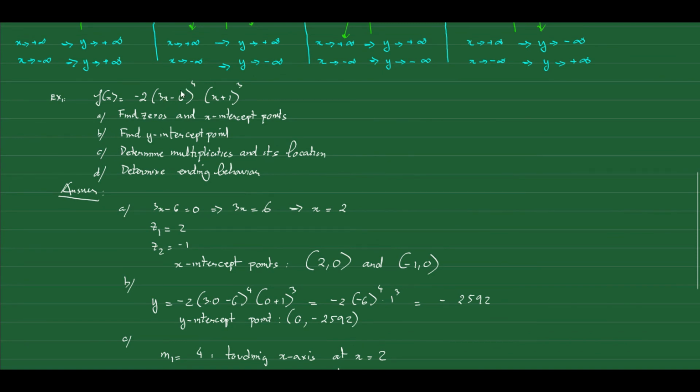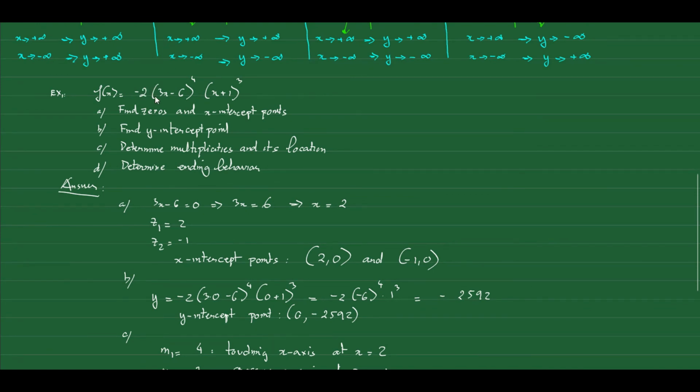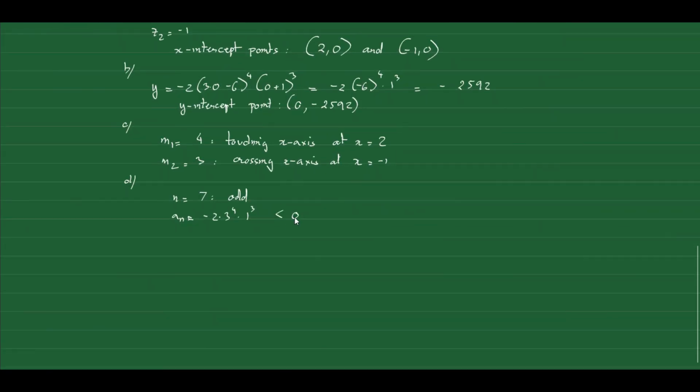But because we have to consider the leading coefficient here and the leading coefficient here also, so it's 3 to the 4 times 1 to the 3rd, times negative 2. So definitely this will be a negative number, right? 3 raised to the 4, 1 raised to the 3rd, times negative 2. So definitely it will be negative.